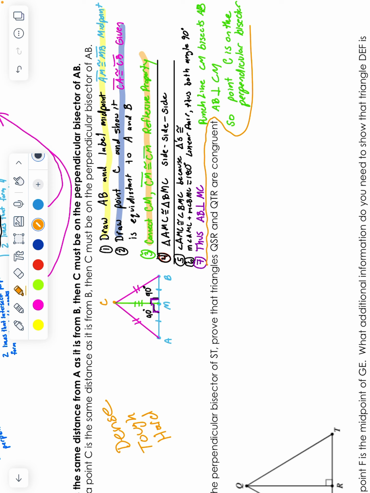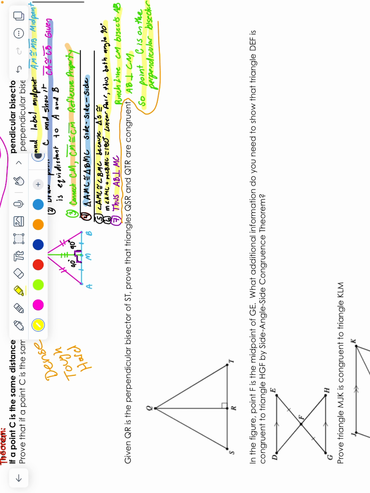These are a lot of simple steps put together, which makes it hard. But then we can say that the triangles are congruent, so corresponding parts are congruent. There's a linear pair with congruent angles, so that means everything's 90 degrees. That means that it's a perpendicular bisector. That's a lot, but if you look at each individual step, hopefully it's not too tough.